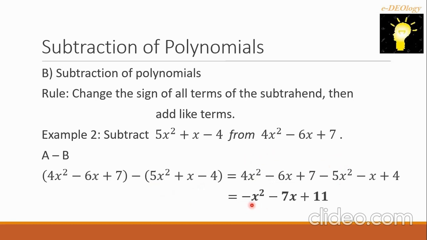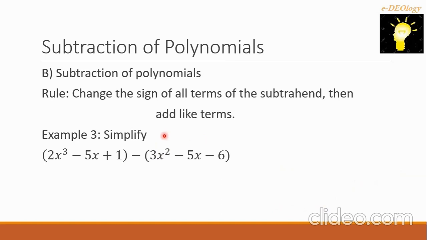We will get negative x squared. Negative 6x and negative x, both negatives, we will combine them. It becomes negative 7x. And for our constants, the 7 and the 4 becomes 11. So the final answer is negative x squared minus 7x plus 11.